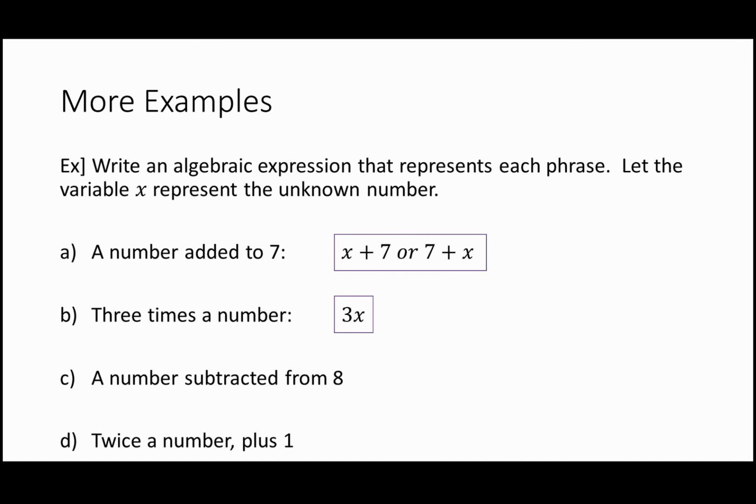Okay, part C, a number subtracted from 8. Ooh, careful with that one because subtraction is not commutative. So the order in which you put the items in a subtraction translated statement is very important. Subtracted from 8. So that means 8 is in what we call the minuend position.